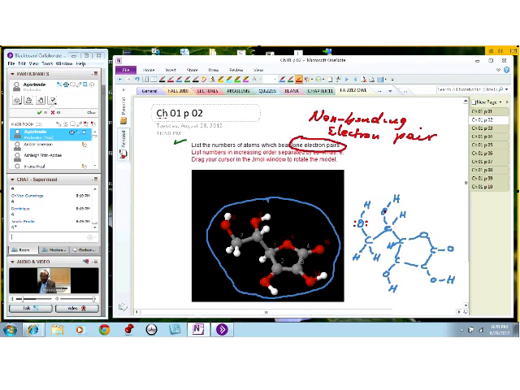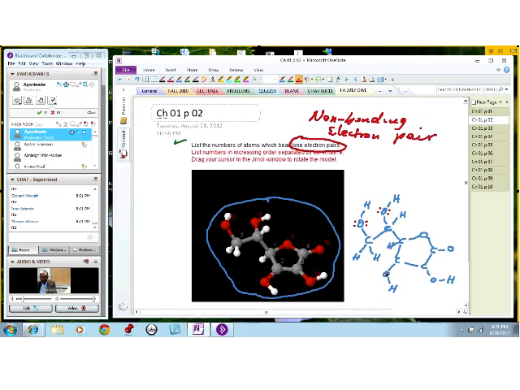Can we do the same thing with this oxygen? Yes. So this also has two pairs of non-bonding electrons. About this carbon, does this carbon need pairs? No. Very good. Carbon is happy. About this carbon? No. Very good. The same thing with this carbon. This carbon doesn't need anything.